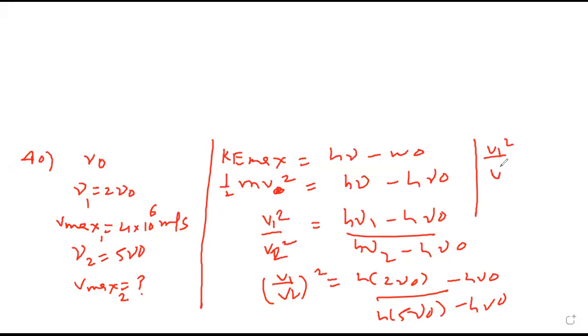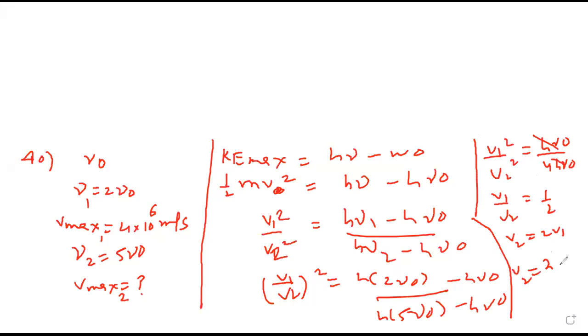So v1 square upon v2 square is 1 h nu 0 upon 4 h nu 0. So v1 upon v2 is 1 by 2. Therefore v2 is 2 times v1, which is 2 into 4 into 10 raised to 6, which is 8 into 10 raised to 6 meter per second.